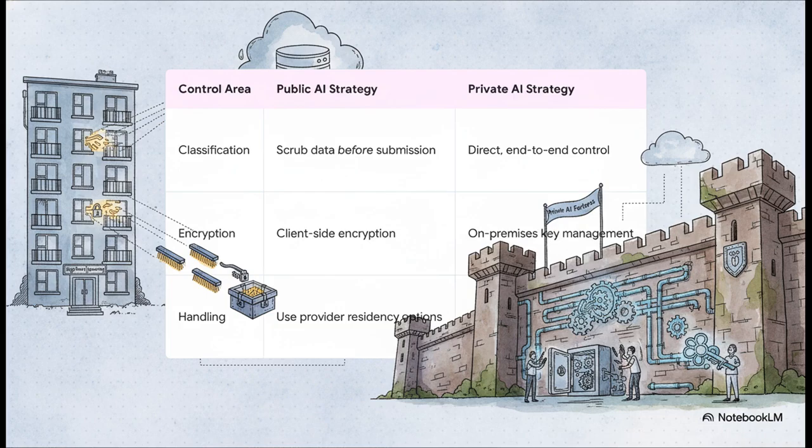You encrypt it on your end, and you carefully read through the provider's data agreements. With a private AI fortress, though, you control the whole shebang. You build your own classification systems, you manage your own encryption keys, and you define every single procedure from start to finish. It's the difference between packing your valuables in a safe before you ship them out versus keeping them locked in a vault you build yourself.